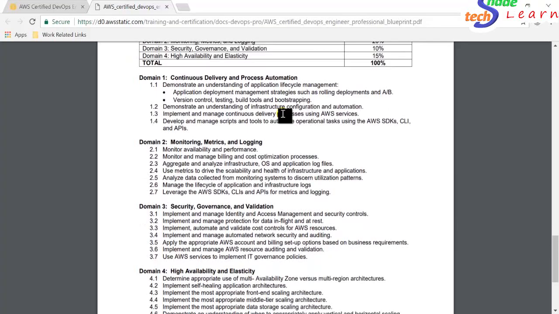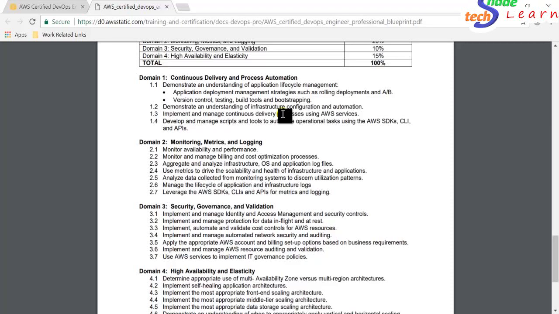So let's discuss the first domain, continuous delivery and process automation. You need to demonstrate an understanding of application lifecycle management, application deployment management strategies such as rolling deployments and A/B, version control, testing, building tools, and bootstrapping.